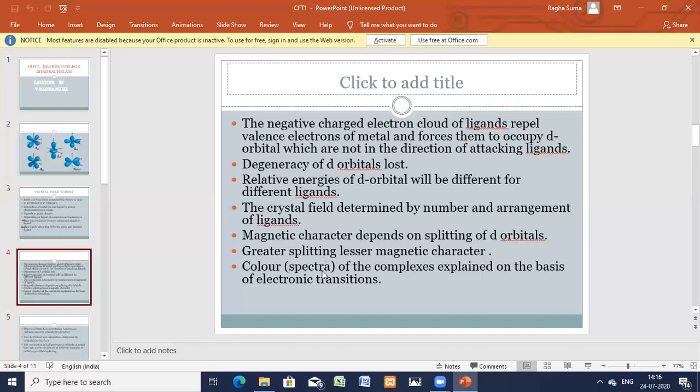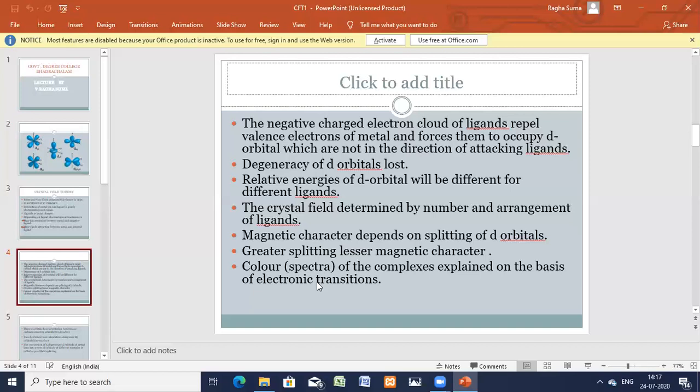So the color of the complex is explained on the basis of electronic transitions between the d orbitals of different energies. D orbitals of different energies will have different d-d transitions, and thereby the color of the complexes is observed.